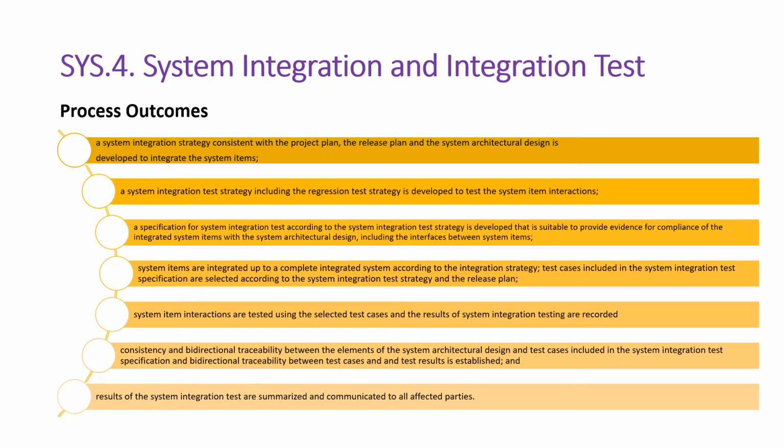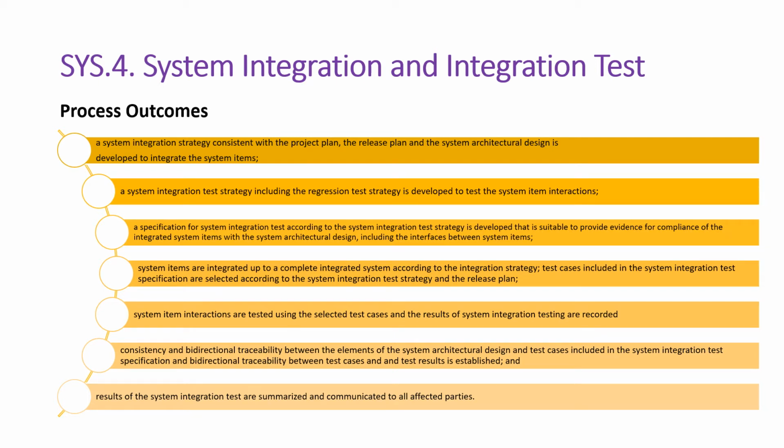If we miss something and want to test a particular patch of the system, we will do the regression. So along with the normal system integration test specification, we should have a system integration regression strategy as well.